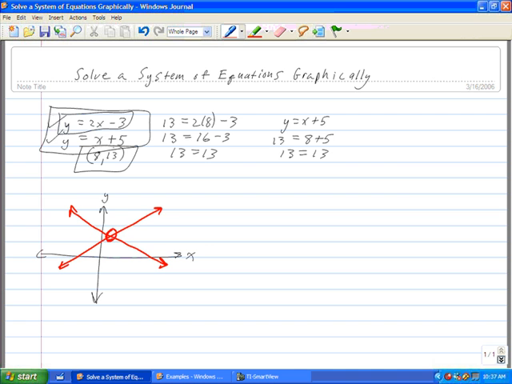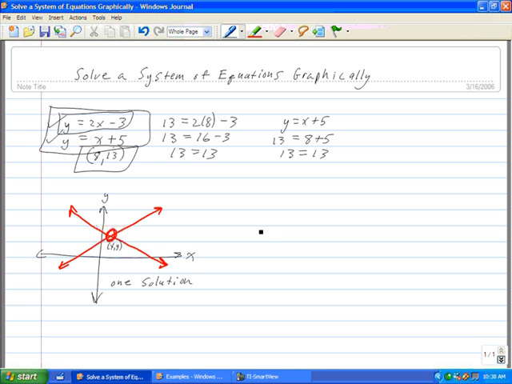Well, this point where they have intersected one another, that point is an x and a y value that they share. In other words, it is an x value that gives the same y value for both equations, for both lines. So anytime you have two lines intersecting like this, you're going to find yourself with one solution, which is exactly what we had in our example here with the (8, 13).